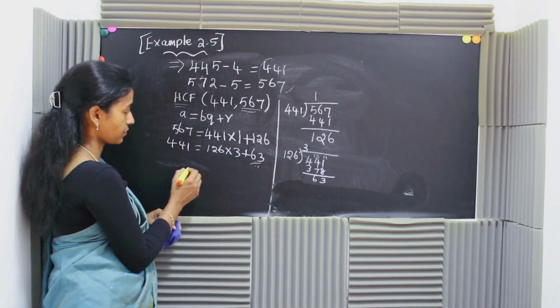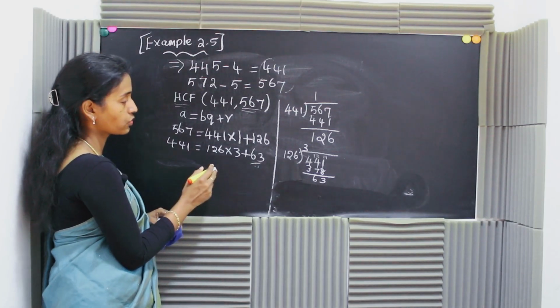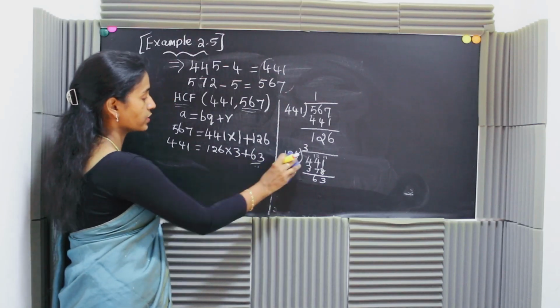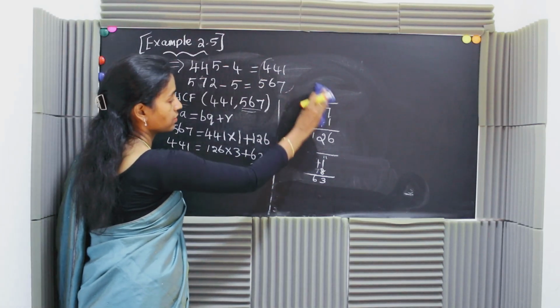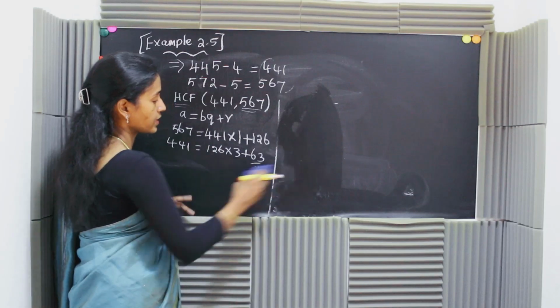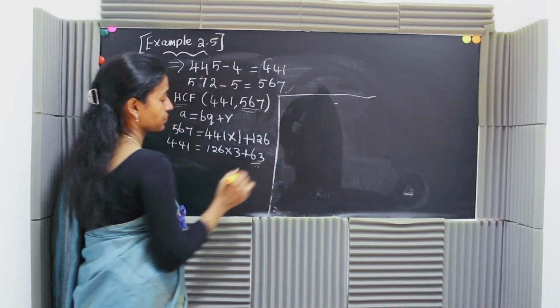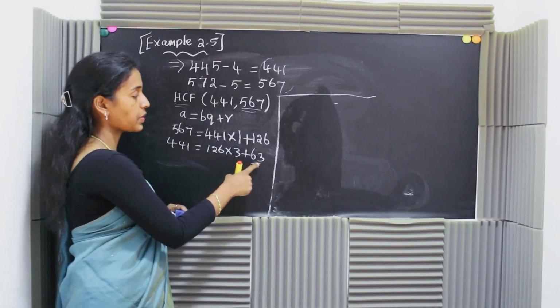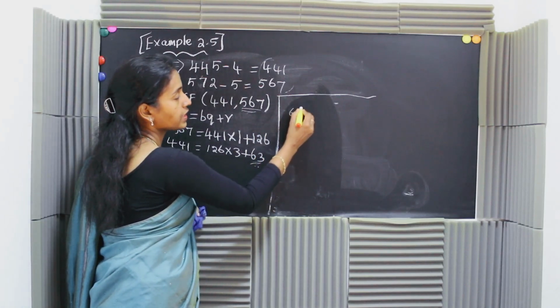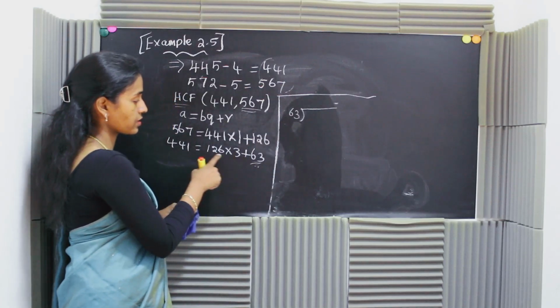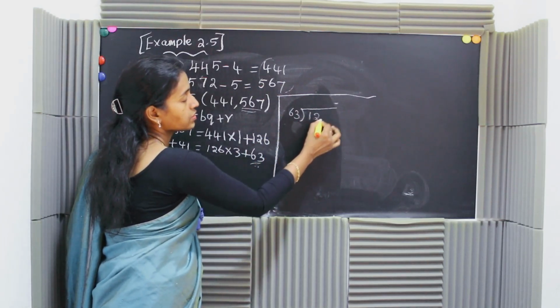Now what we have to do? We have to divide 126 by 63 next, right? Here this remainder becomes divisor and this divisor becomes dividend.